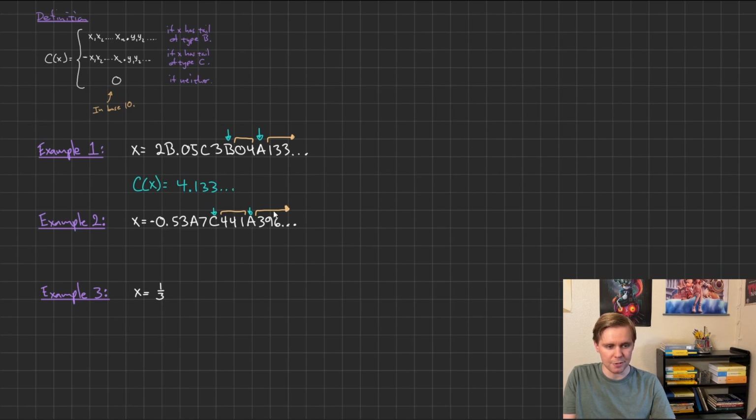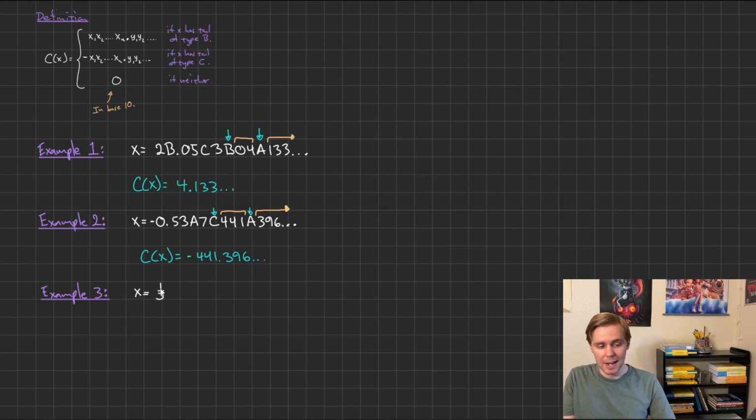Okay, so that means that C of x is going to be equal to, I look at this part of the function because it's a tail of type C. This is going to get mapped to negative 441.396, and so on.